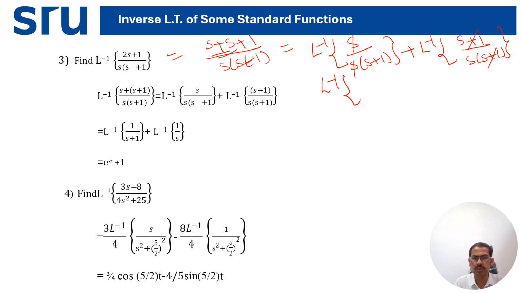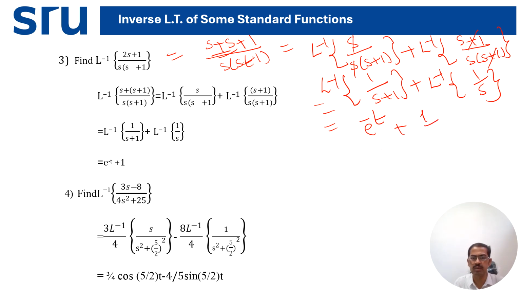The inverse Laplace transform of 1 by s plus 1, plus the inverse Laplace transform of 1 by s. The inverse Laplace transform of 1 by s plus 1 is e to the power of minus t, and 1 by s gives 1, since the Laplace transform of a constant is constant by s. This is the inverse Laplace transform of the given fraction.